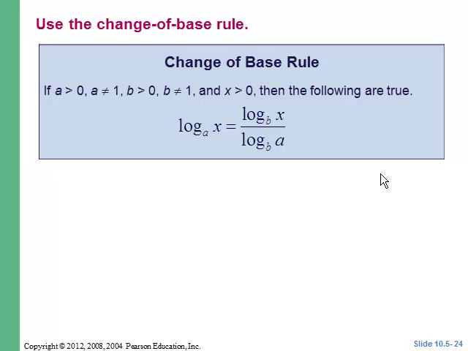How do you use the change of base rule? Well, the change of base says that when you have a log base a of x, you can change the base so that this is the numerator of the fraction and this is the denominator of the fraction. Now, why does that work? Well, let's start with the log base a of x. Let's say that that is m.